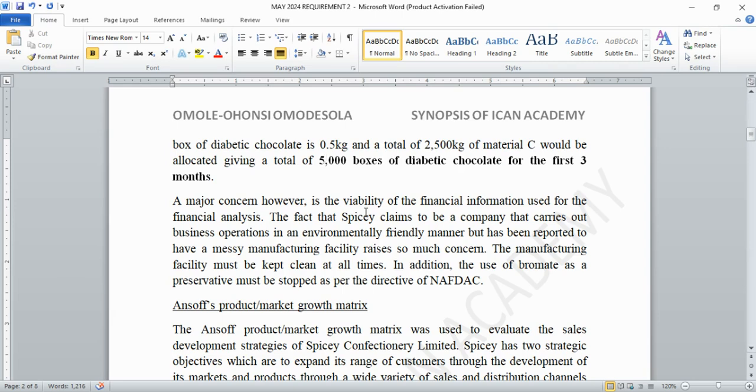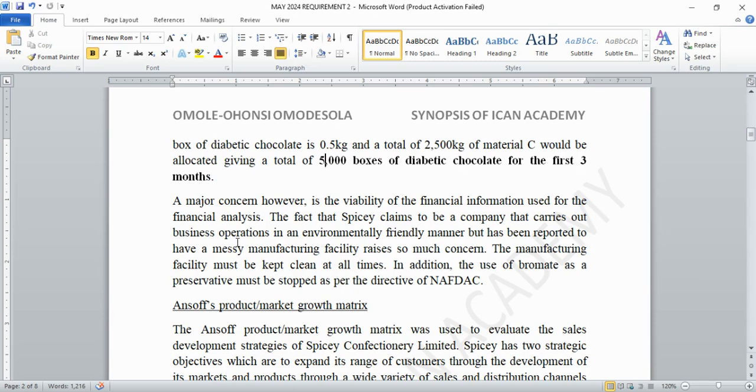That's also professional skepticism and an ethical issue in a way, because in the pre-seen we're told that Spicy is a company that takes environmentally friendly operations very personally. Now a company like that being in a messy environment is contradicting what it is saying.